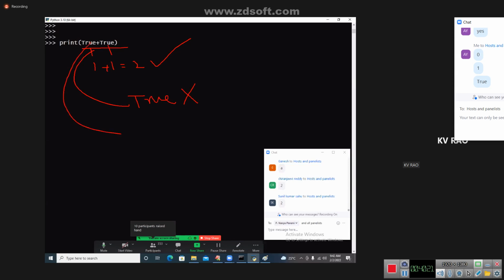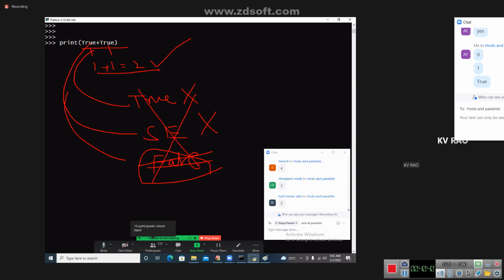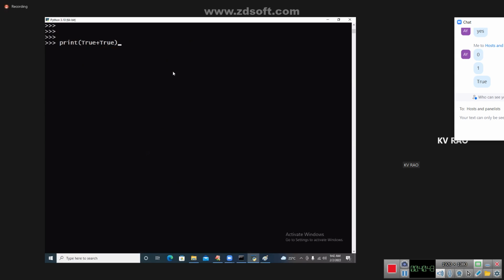Some people will think Boolean values cannot be added and say syntax error, also wrong. Why false? They feel Boolean values cannot be added. These are all wrong answers. The answer is 2. It's a very, very important question from an interview point of view. Answer is 2.